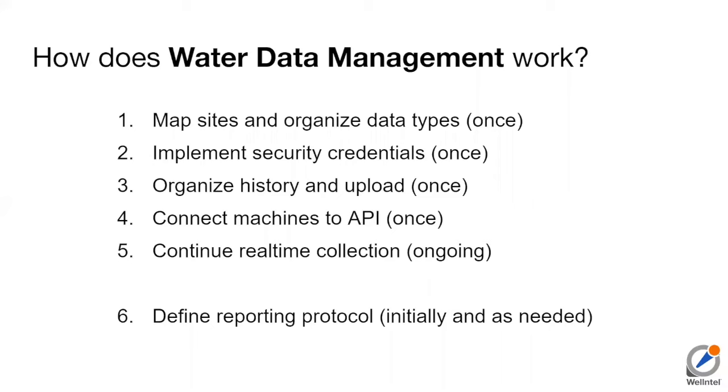We begin to organize history and upload information from history, and that happens one time and it's stored forever. We connect the machines, and then we continue from that moment on real-time collection, which is really the ongoing process. And of course, as that's happening, we will be working with clients to define new and interesting ways of visualizing the information.